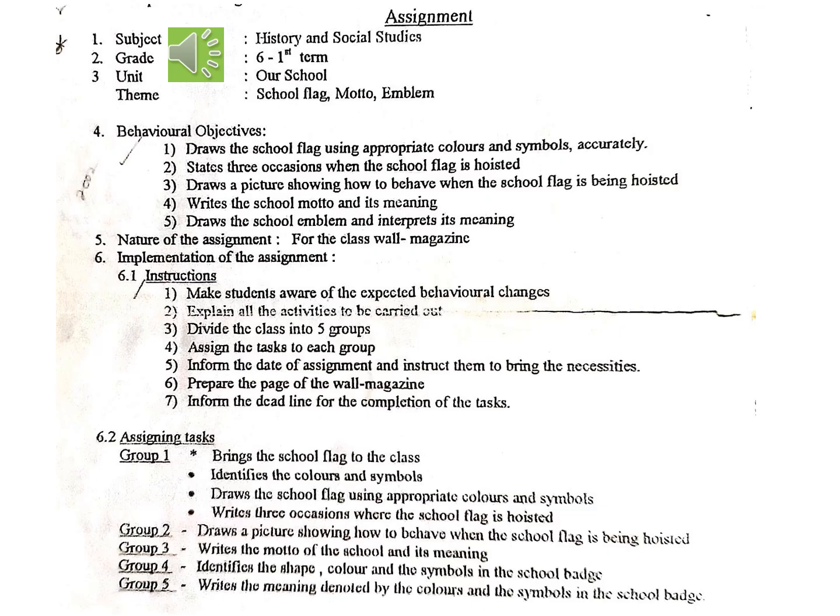Then assigning tasks. So how many groups are there? 5. Right, the teacher, what's the grade? Grade 6. Right, the teacher has divided the whole class into 5 groups. Now, how to group the students? There are different techniques, according to the register order, or according to numbers.